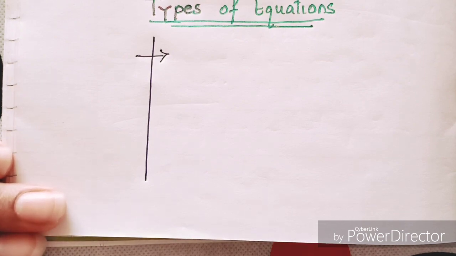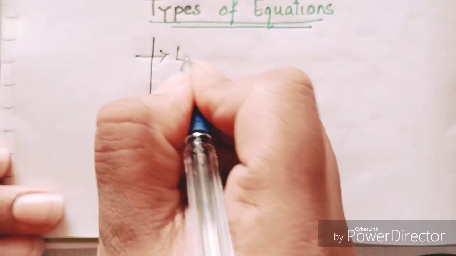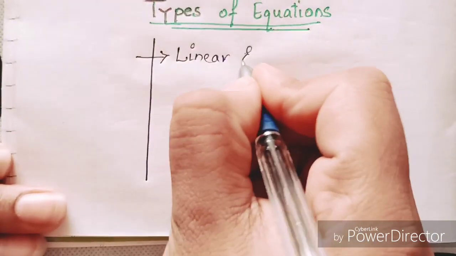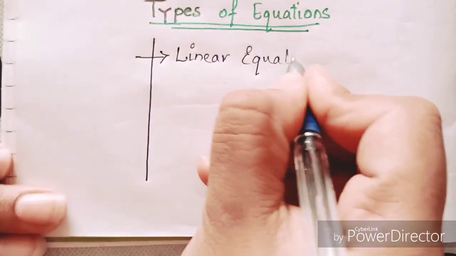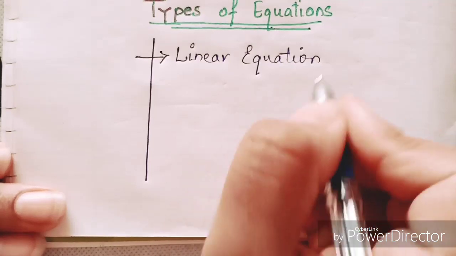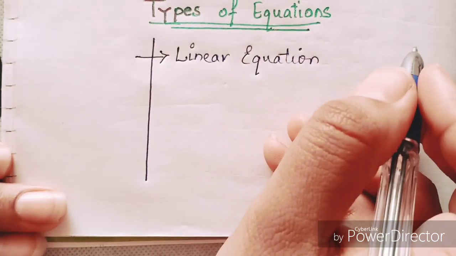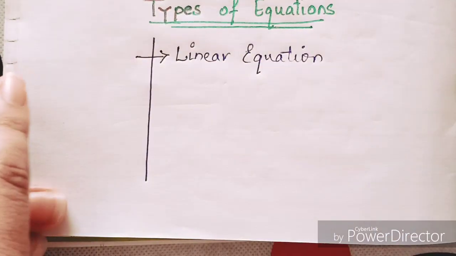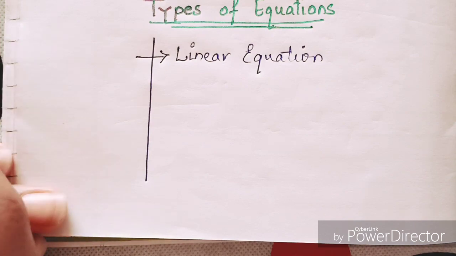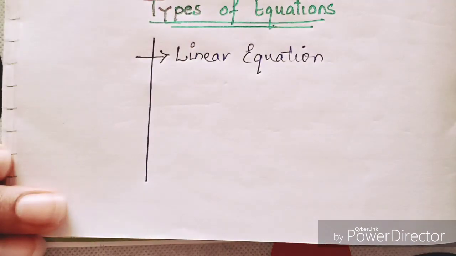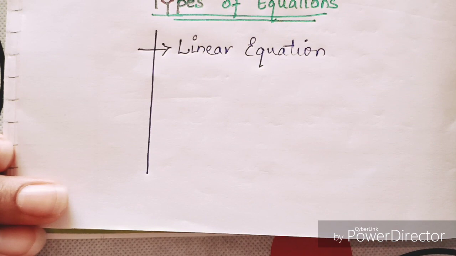The very first type that is very basic is the linear type. So linear equations. And then you will study linear equations in one variable, linear equations in 2 variables, 3 variables, 4 variables, any number of variables you might come across.